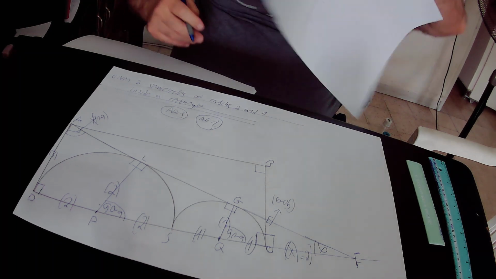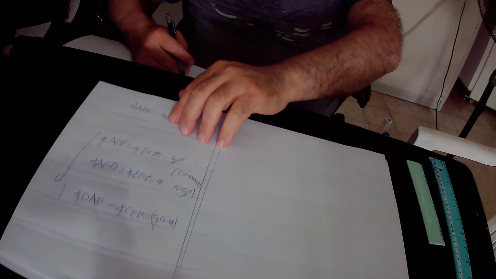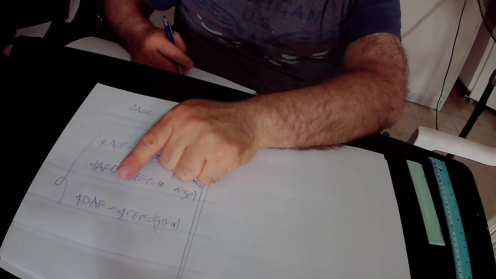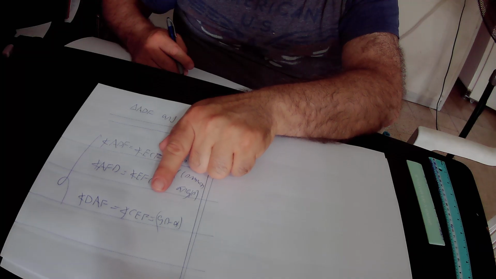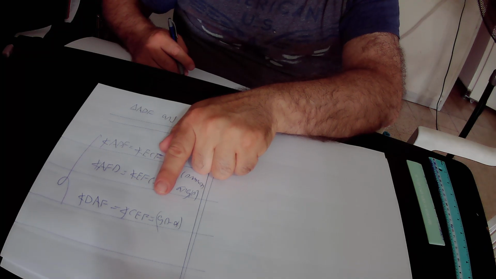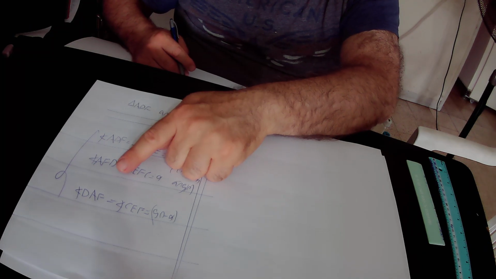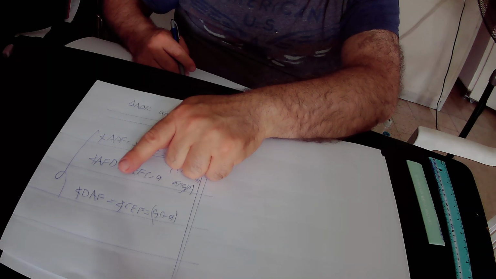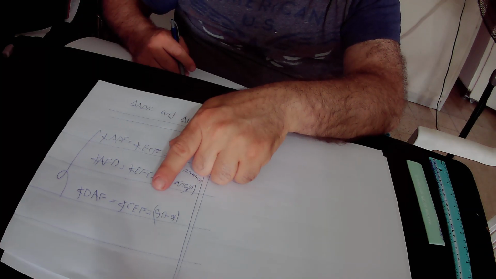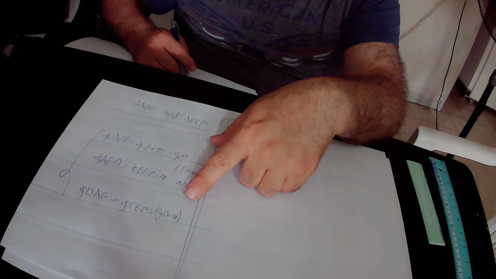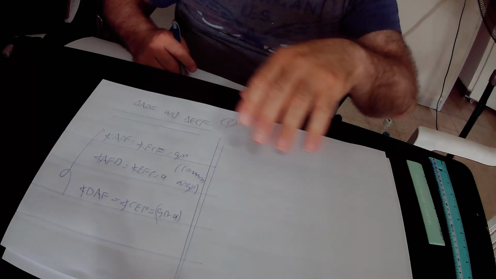Repeat again, we can find out that angle DAF equals angle CEF. Angle DAF in the big triangle equals angle CEF in the small triangle. They are both equal to 90 degrees minus alpha, therefore they are equal to each other.